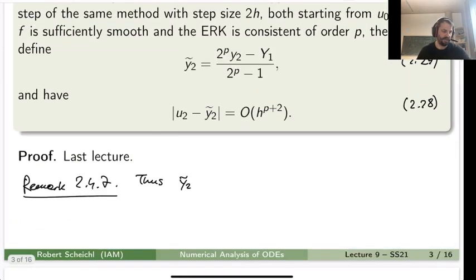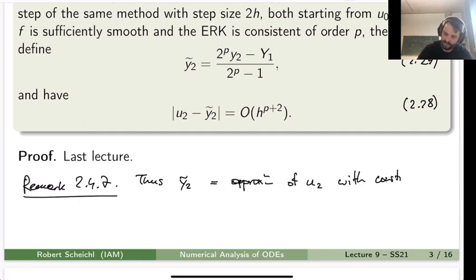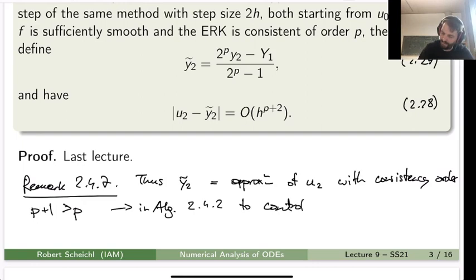So this y2 tilde is an approximation of u2 with consistency order p plus 1, which is greater than p, and can be used in algorithm 2.4.2 to control the error, the time step.